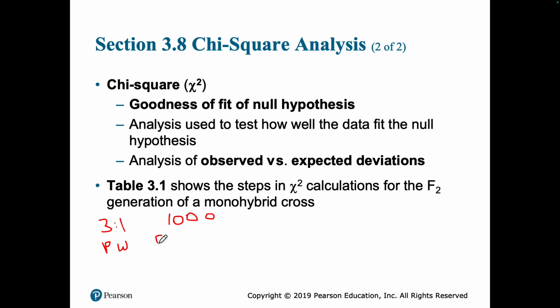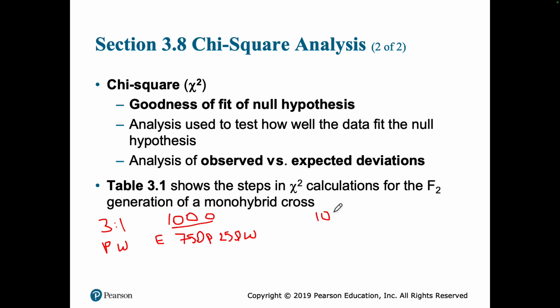My expected results out of 1,000 offspring: I would expect 750 to be purple and 250 to be white. That's my expected.